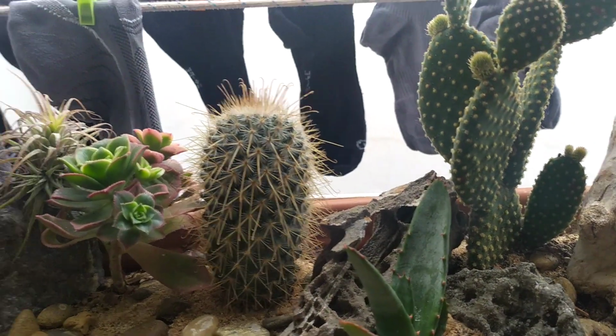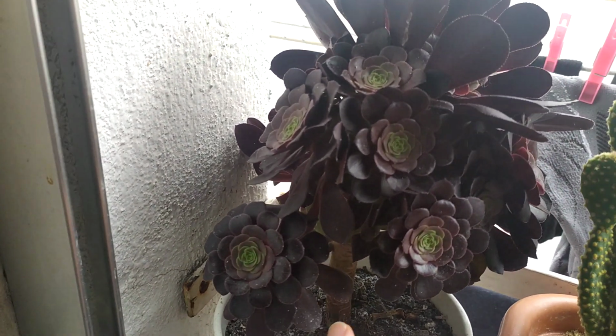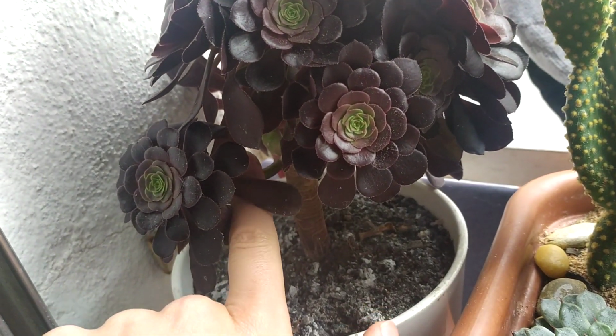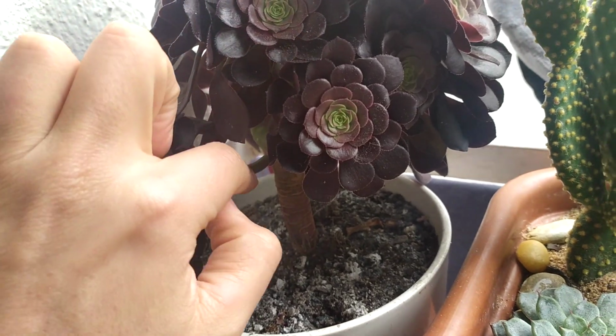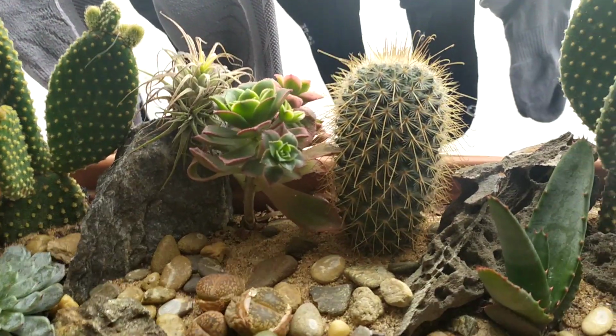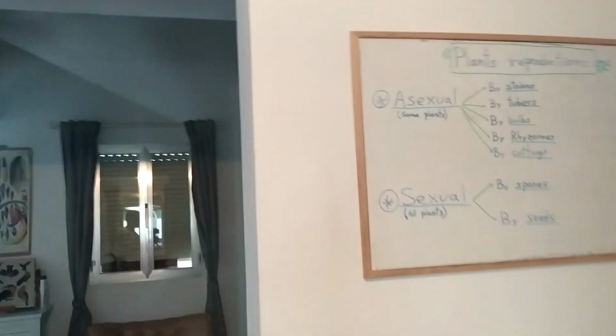The same happens with this one, for example, this Ionium. If this branch breaks, okay, if you break this branch and you put it into the soil, a new plant is going to grow from there.